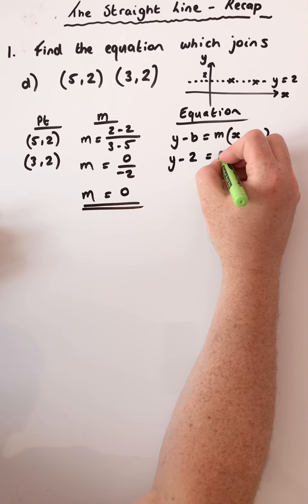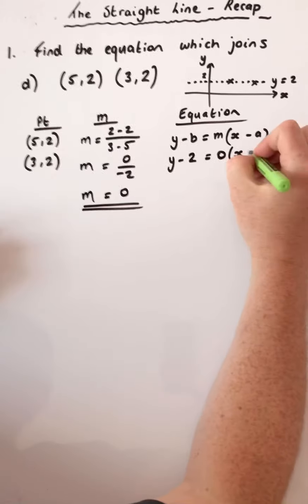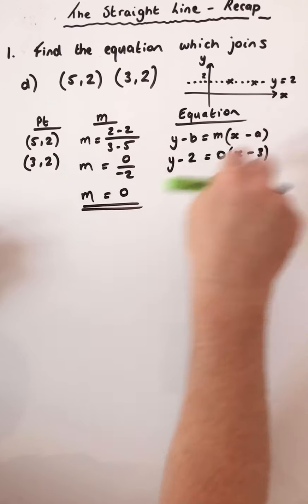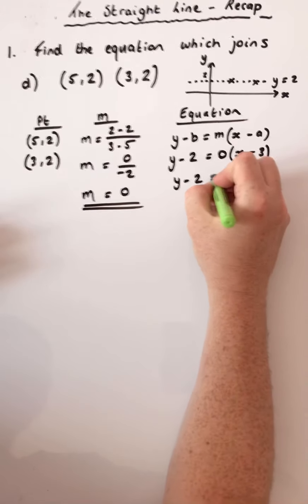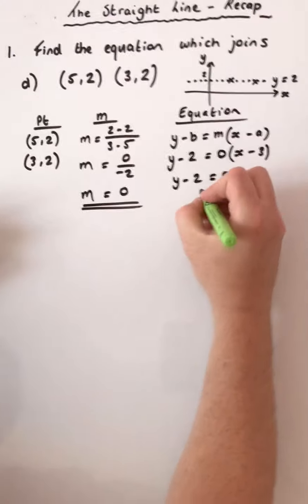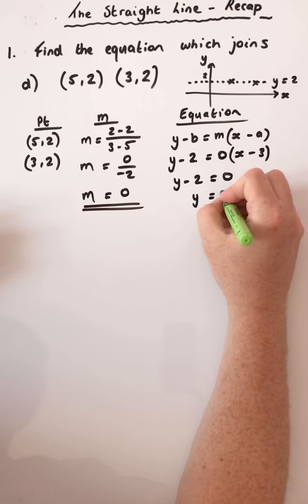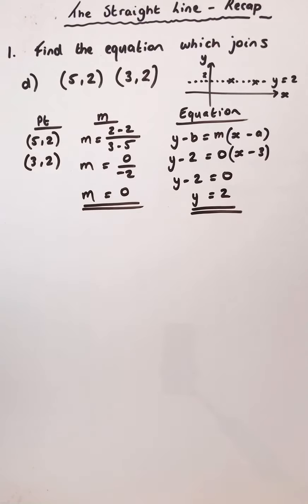Gradient 0. Well, 0 multiplying anything, whether it's the 3 or the 5, will be 0. Okay, valid equation, right? Tendency is to write it like that.